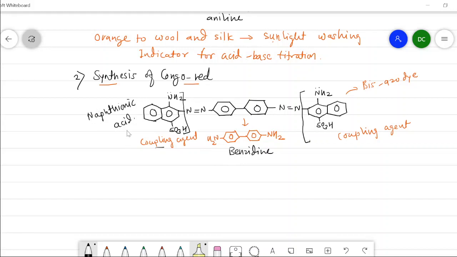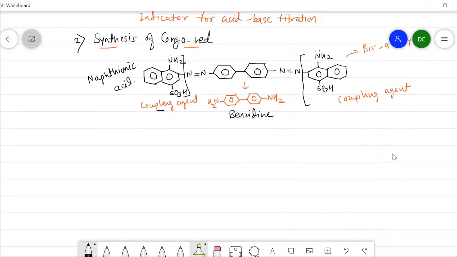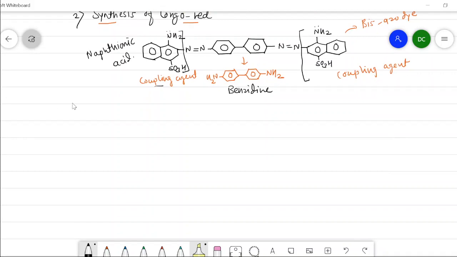And we have to do diazotization and then coupling. So let's start with the first reaction, that is diazotization. I will write here benzidine, two benzene rings attached together at para position having an NH2 group on both sides.